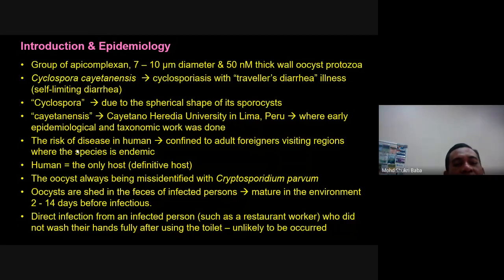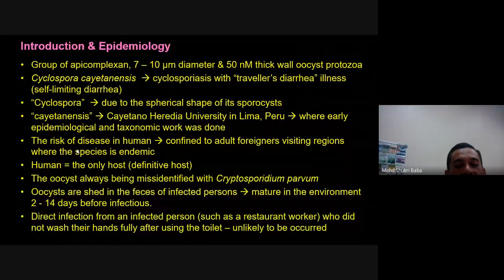Alright. Oocysts are shed in the feces in infected person, then they mature in the environment for 2 to 14 days before infectious stage will occur. So that is how you get the infection by ingestion of the mature oocysts.